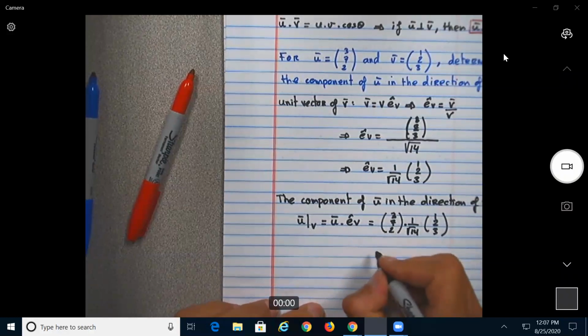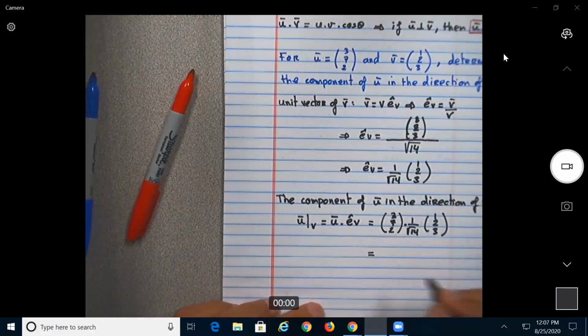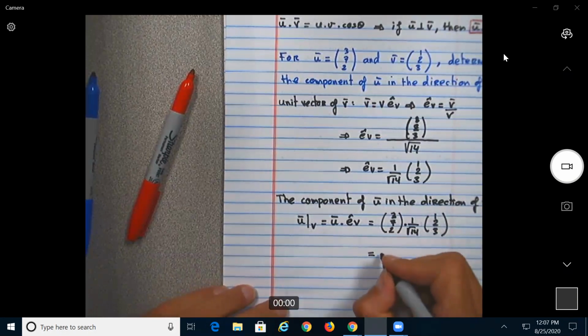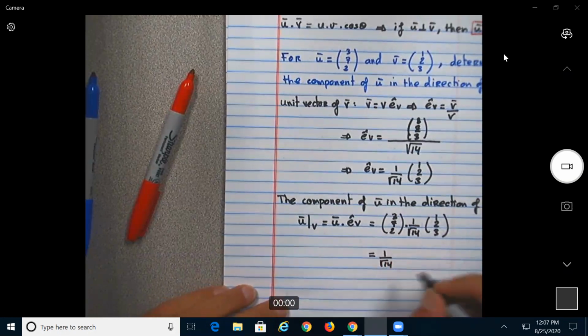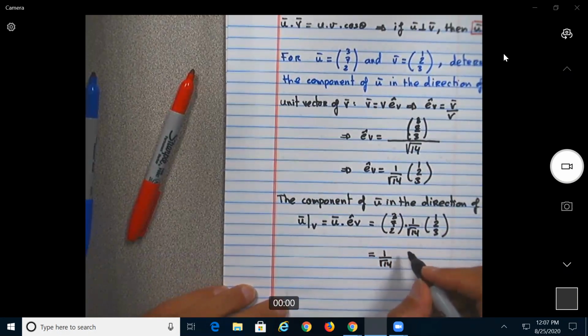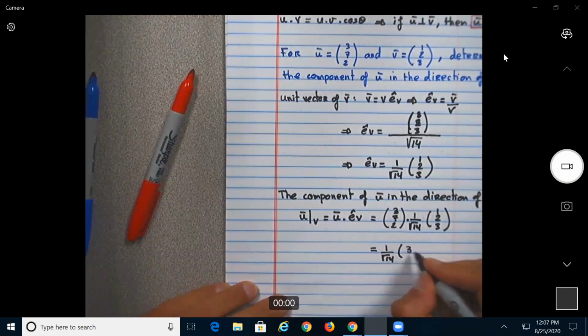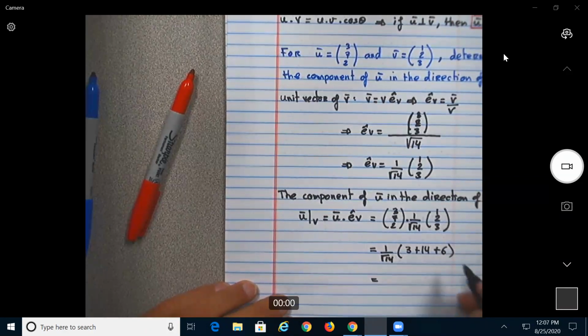The dot product should give us a scalar, so it will give us 3 plus 14 plus 6, which we had before: 23 over square root of 14.